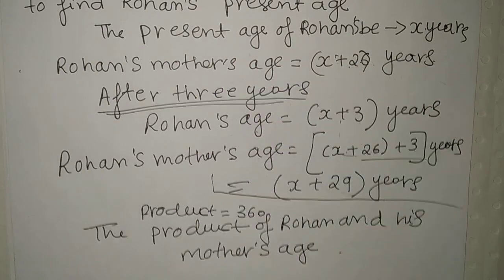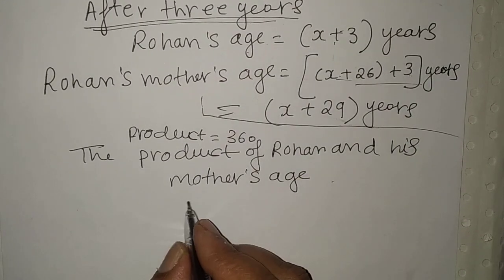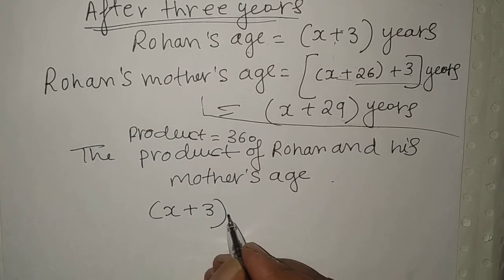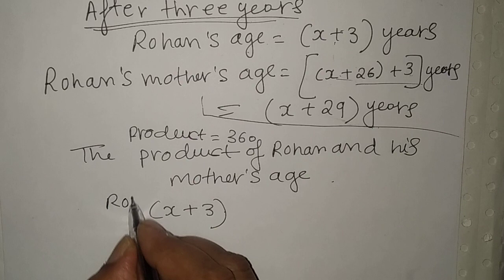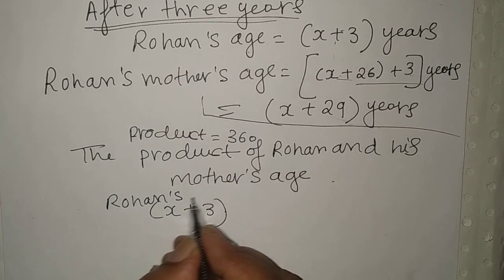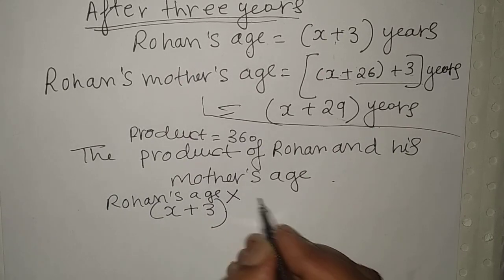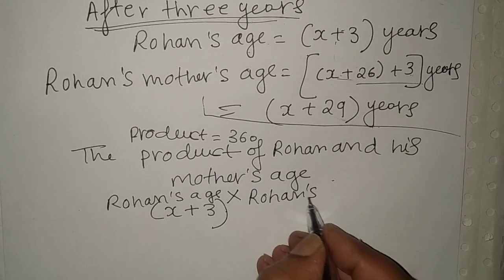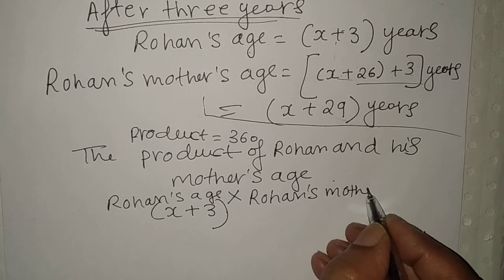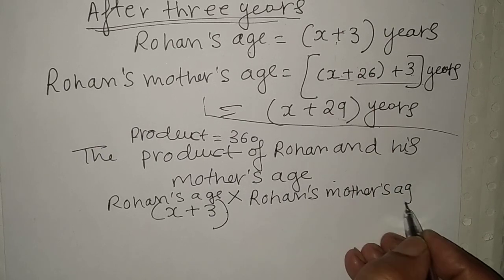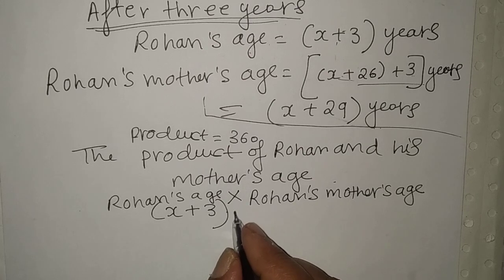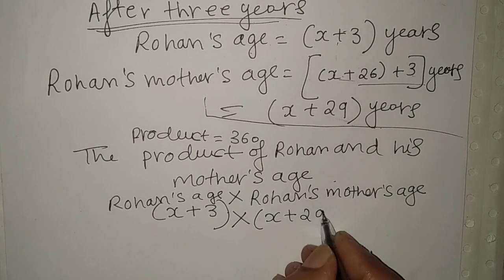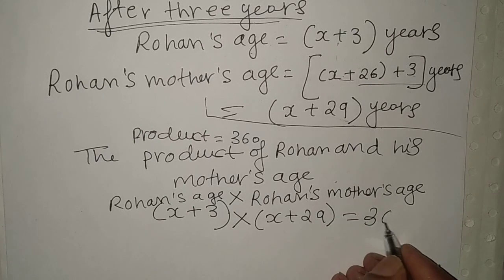Now write down the product: x plus 3, this is Rohan's age, into Rohan's mother's age, x plus 29, equal to 360.